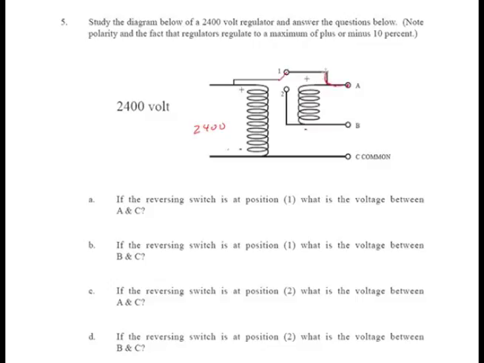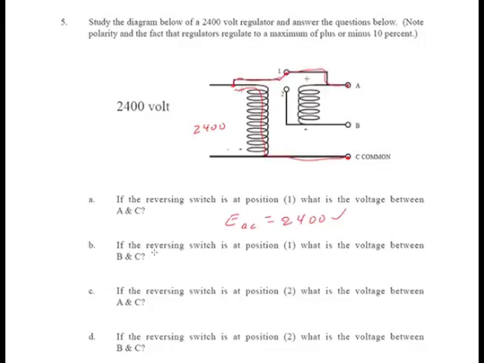A is connected right here to the top of this coil, right? Since there's 2400 volts there, and A is connected directly to the top of that coil, then the voltage between A and C, which is actually the voltage across this coil, is 2400 volts. So EAC is equal to 2400 volts.